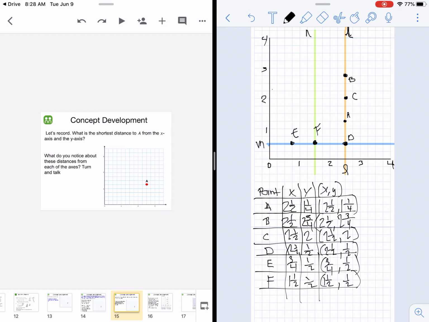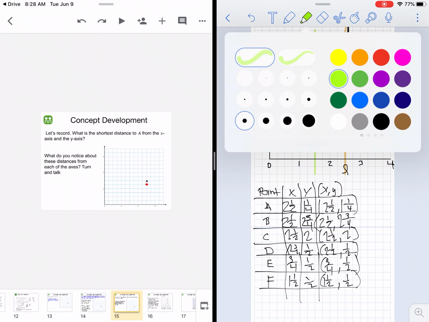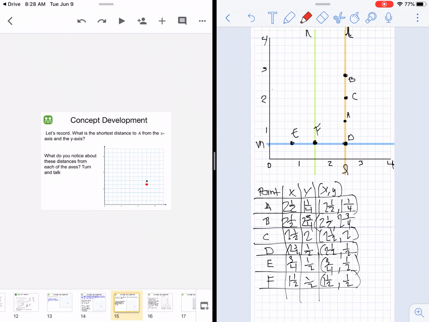So what we're going to do now is shade the part of the coordinate plane that is more than 1.5 units from the y-axis. So I'm going to take my highlighter and shade in red part of our coordinate plane that is more than 1.5 units from the y-axis.